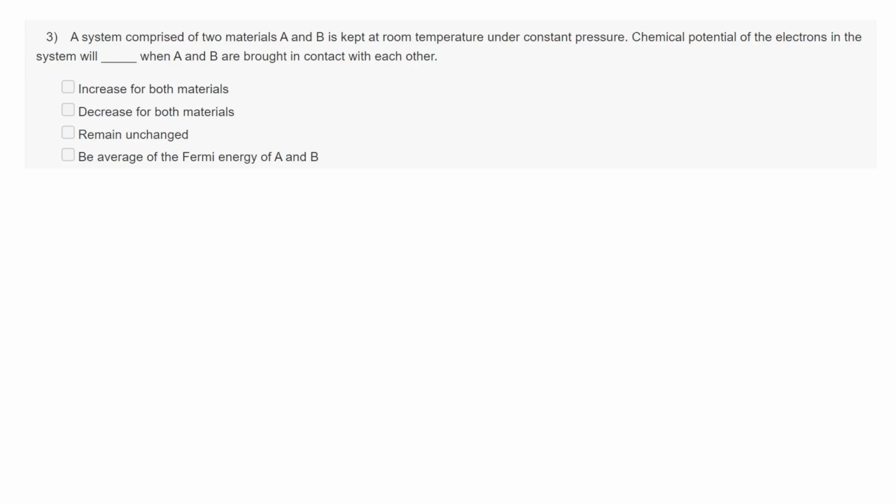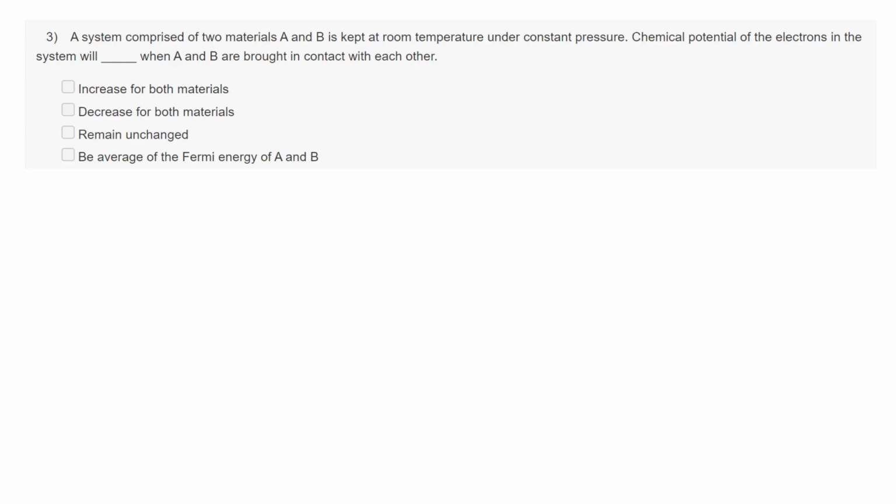So what will happen here is that this E_F has to be thought of as the chemical potential of the electrons. If two materials A and B are brought together, then their Fermi energy, or the chemical potential, will adjust so that there will be no flow of electrons between the materials anymore.